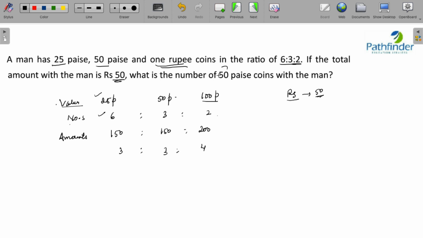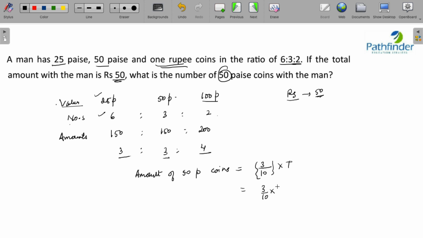Now we want the number of 50 paisa coins, so let us calculate the amount in the form of 50 paisa coins. So the amount of 50 paisa coins must be 3 upon 3 plus 3, 6 plus 4, 10. So 3/10 of the total. And what is the total amount?